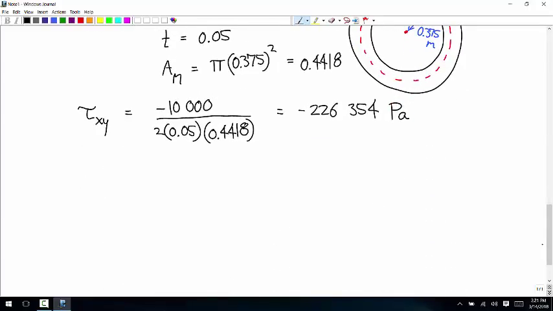Okay, so now let's do it with a 1 centimeter wall and see how much better it gets.